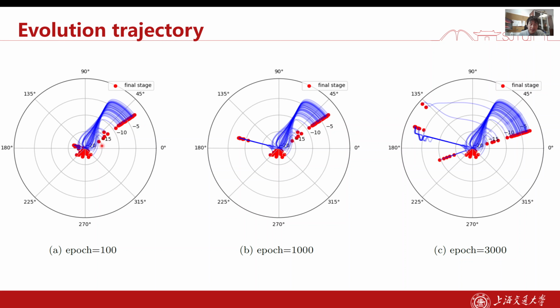That means they are in the same direction in this two-dimensional plot. And at epoch 100, only one direction emerges from the training. They are not random. They have a very specific direction for those that grow.